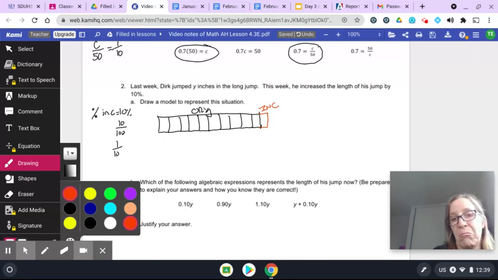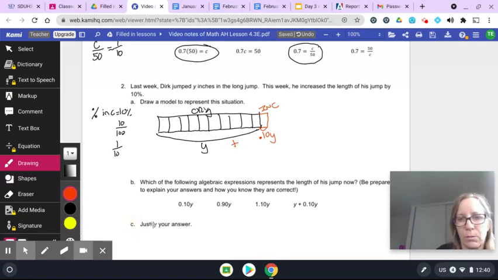It said my original one was y, and my increase, well, I know it's 10% of y, so it's 0.10y. Okay, and I know that I'd have to get the whole thing, I would have to add them together. So which equation works? Well, here, my whole thing plus 10% of my whole thing.